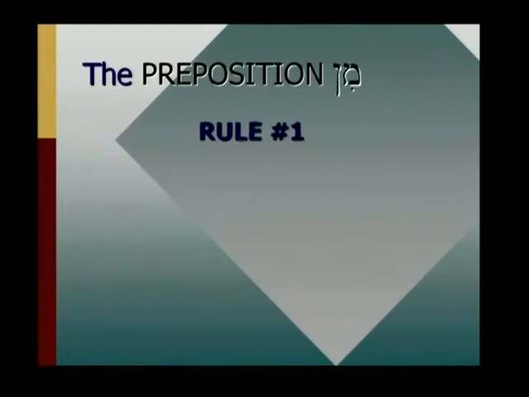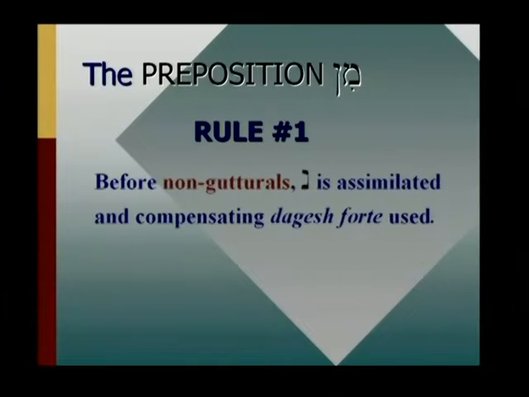The preposition min is a special case. Rule number 1. Before non-gutturals, in other words, not the aleph, not the hey, not the cheth, not the ayin, not the sometimes resh, but all other consonants, the noon is assimilated. That means it's joining with, but it disappears. And the compensating of a dagesh forte is used.